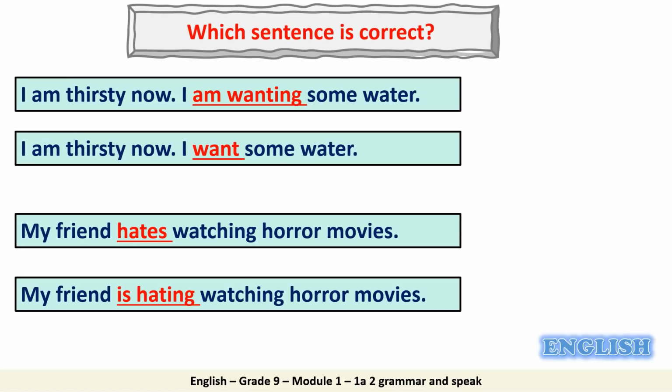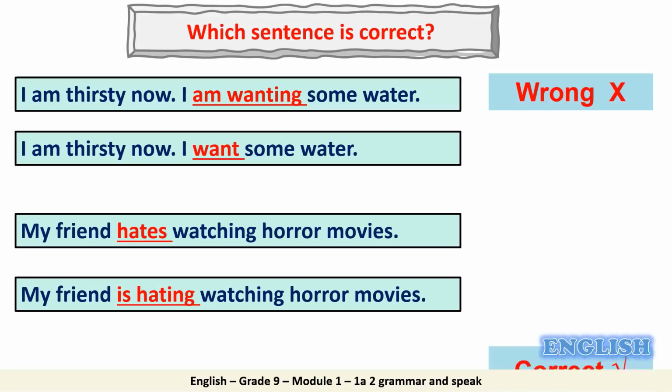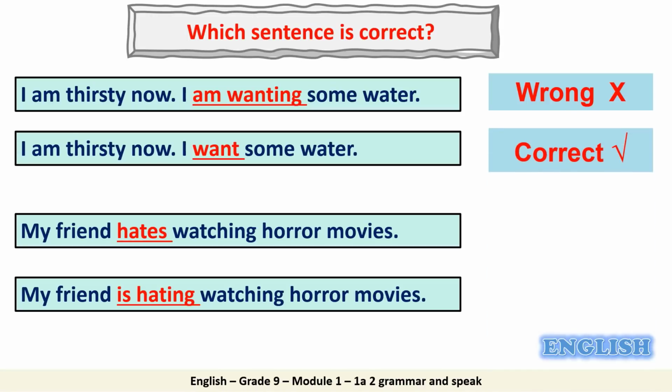Is it the first sentence or the second sentence? Excellent. The first sentence is wrong. Why? Well done. Want is a stative verb. It can't be used in present progressive tense.